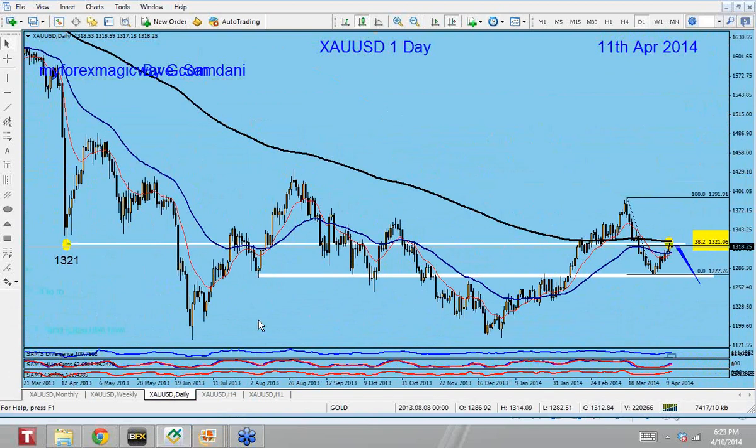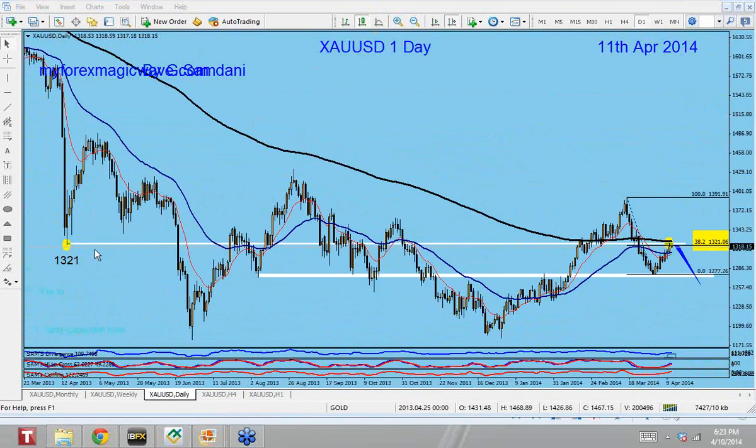Okay, why did I pick this? This is the reason I picked it. Do you see this point here? Because the problem is that in certain brokers, your feed may not have all this data.